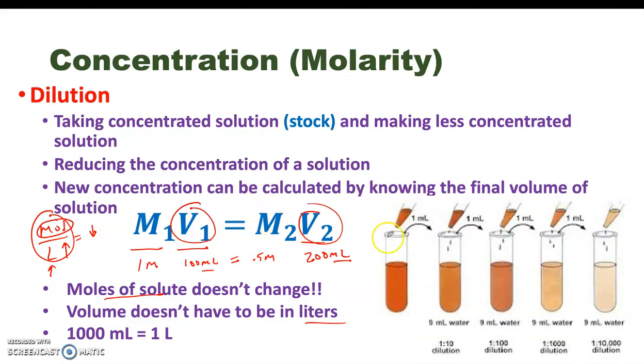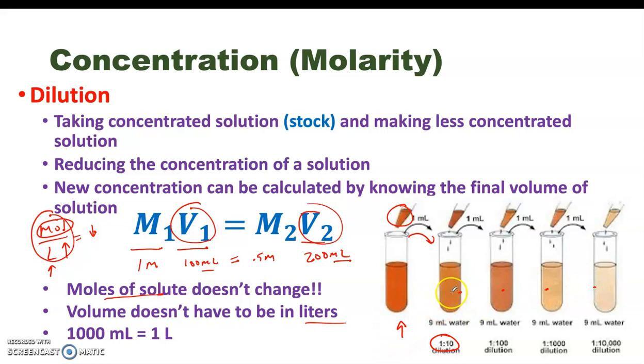So here is an example. If you take a concentrated solution, let's say I want to make that more dilute. You take a milliliter out, put it into here, and then add 9 milliliters of water. So a milliliter of the original solution plus 9 milliliters of water. You dilute it by a factor of 10. Then if you repeat that, you see that it's getting lighter because it's getting more dilute.